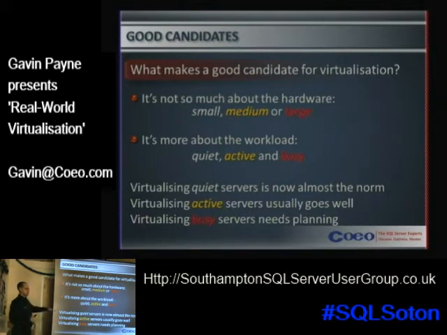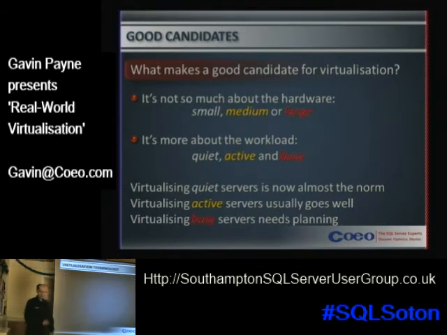If it's a well-structured, designed environment, their software will almost certainly be able to handle most workloads that you throw at it. So what we're saying here is that some systems will work fine, some won't, some will need planning. If people start to talk to you about systems that need to be virtualized, start to think about what you call them, quite active and busy, and what's your emotional feeling about how difficult they are to manage today.